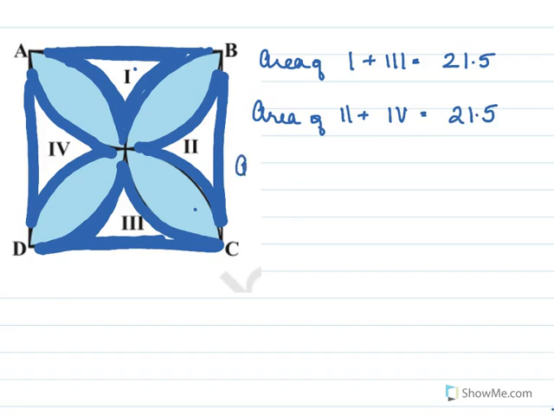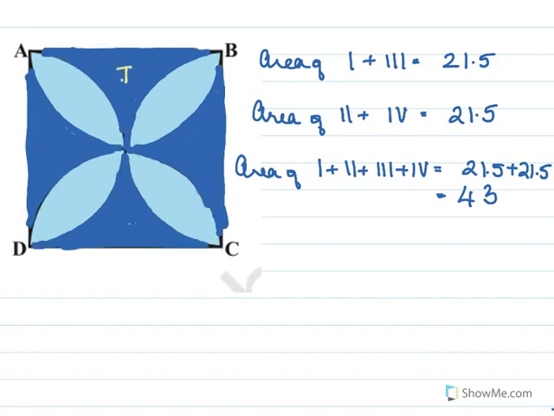So now if we add up, we will get area of 1 plus 2 plus 3 plus 4, which is 21.5 plus 21.5, which is equal to 43. So we know this total area. So this area 1, 2, this is 3, this is 2 and 4.